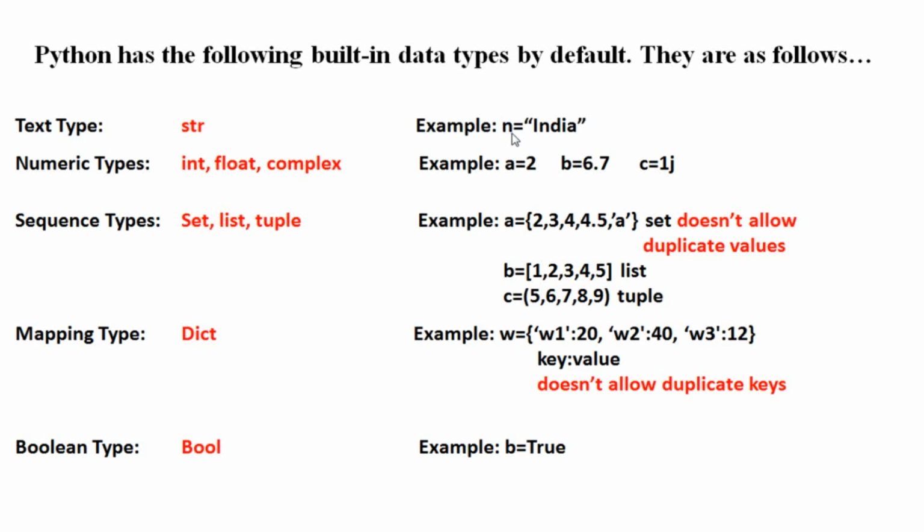N. So this is a variable name is equal to, this is the value. For numeric data types, we have int, float and complex. So let us store all this type of data. Let A is equal to 2, B is equal to 6.7 and C is equal to 1J. This is the complex data.